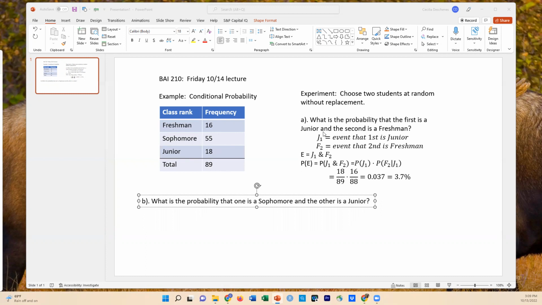The first question is, what's the probability that the first one's a junior and the second's a freshman? So we set up this notation. J sub 1 is the event that the first is a junior and F sub 2 is the event that the second's a freshman.